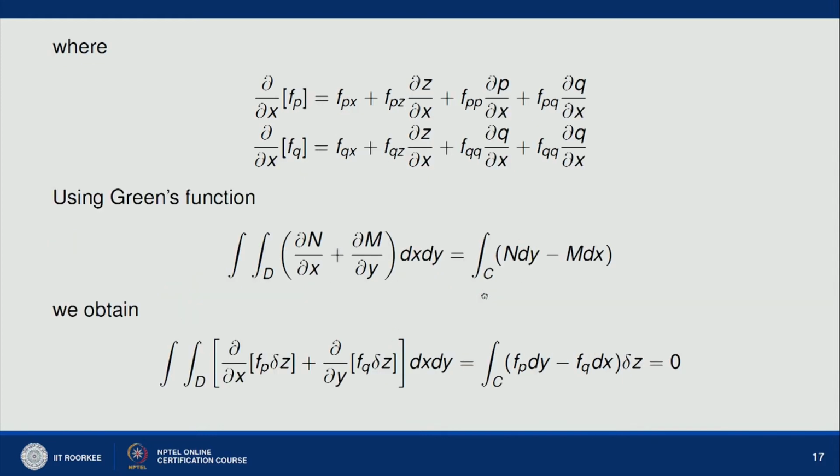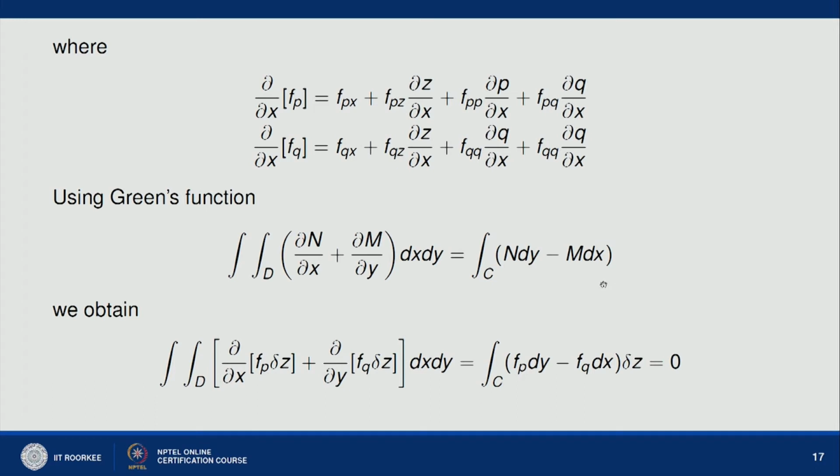If you remember, Green's theorem says that the double integral of del N by del x plus del M by del y dx dy is equal to the line integral over C of N dy minus M dx, where D is the domain bounded by the curve C. So the integral on the domain is reduced to the integral on the boundary.